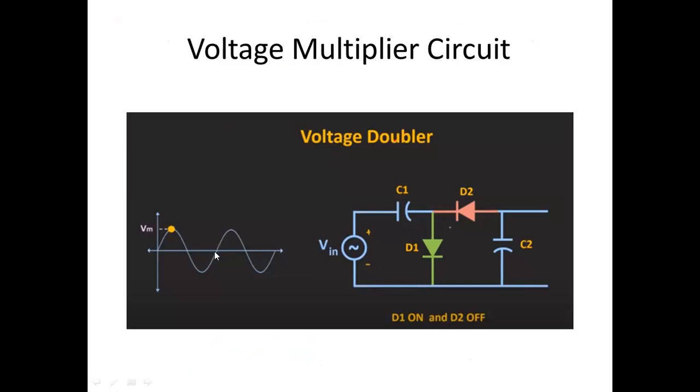This is the single unit of the voltage multiplier circuit, which is also a voltage doubler circuit, but now the connection is a little bit different. It is a similar voltage doubler circuit. It also gives us 2 Vs maximum, just like in the previous case, but now we are getting the output from the capacitor C2.